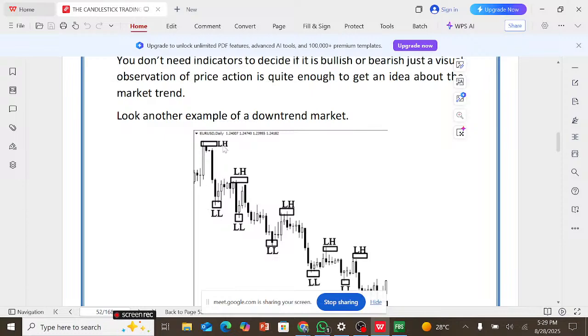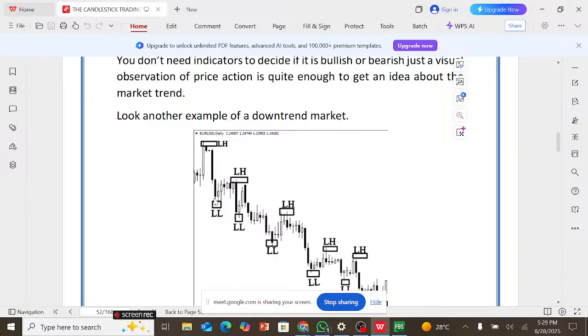So the market, we have lower highs. That means the market is making a wrong step to move down. You get? Then the market is also making, this one now is a retracement. You see, this is a pullback in a downtrend.